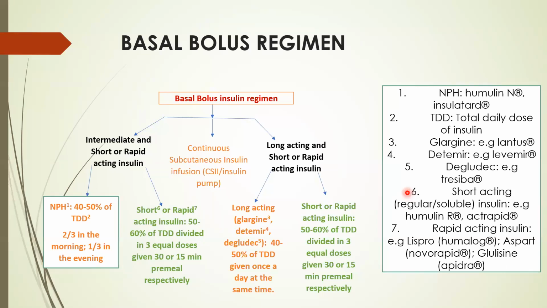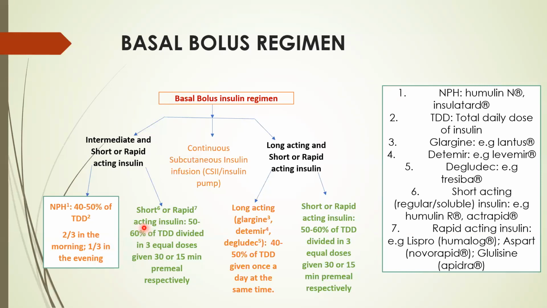So this is basically a summary of what we have been looking at. When you're talking about the basal bolus insulin regimen, you have 3 options. You can use an intermediate acting insulin, like NPH, together with short or rapid acting insulin. If you're using NPH, you normally use 40 to 50% of the total daily dose of insulin, and you divide this so that 2/3 is given in the morning and 1/3 in the evening.